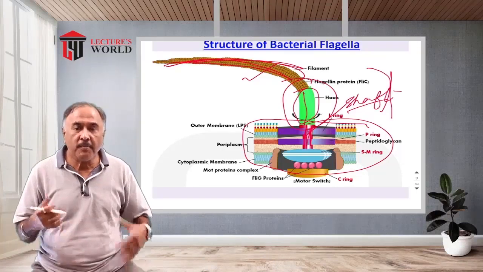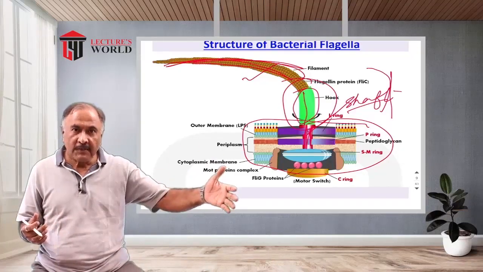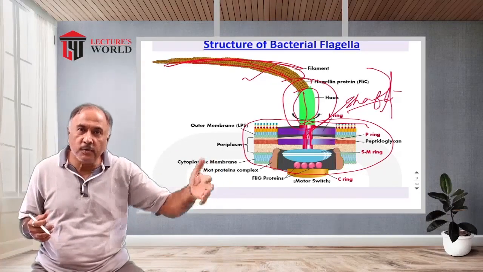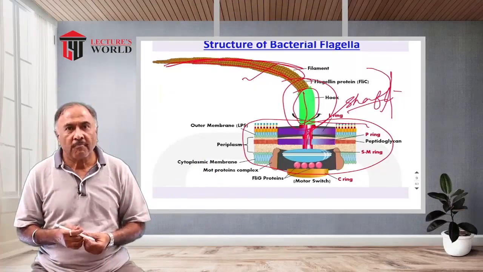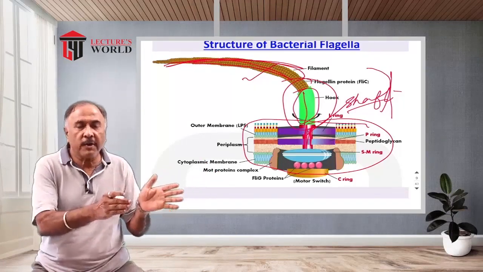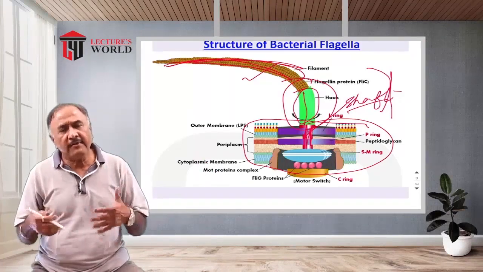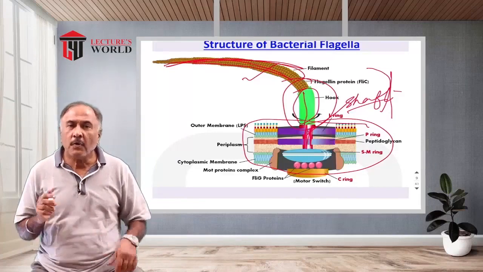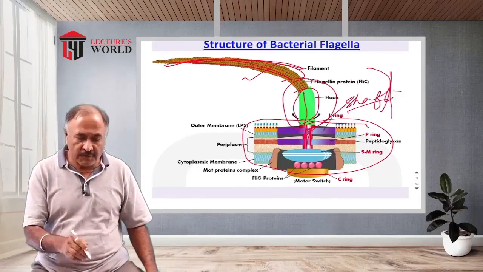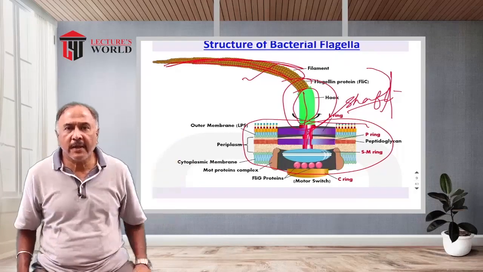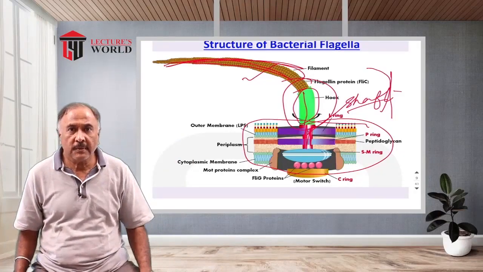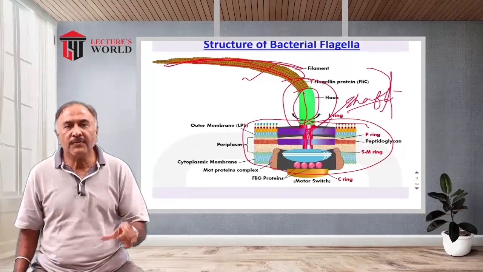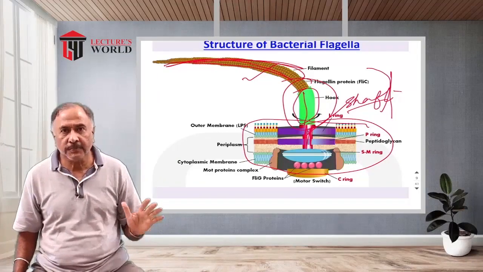Similarly, if the bacteria move towards some chemicals which can be used for nutrition, then the bacteria will be attracted to that, because the chemical diffuses out and the bacteria sense that this is something they can use for nutrition. So with the help of the propellant, this flagellum, it will move in that direction. That is known as chemotactic movement. So in short, movement in response to certain stimuli is known as tactic movement.